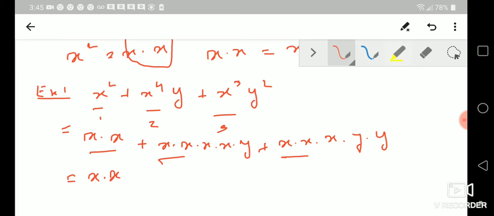After we take the factor out, we want to see what we are left with. So if we divide all of them by the factor, let's say if we divide x dot x by x dot x, we will be left with 1.